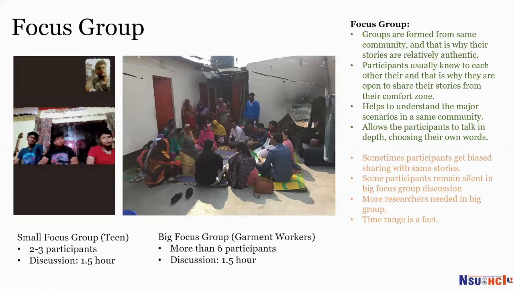Sometimes we cannot maintain a small focus group, and based on the situation we have to form large groups. The next picture is a big group with 11 female participants. In a big focus group, discussion is sometimes more challenging.